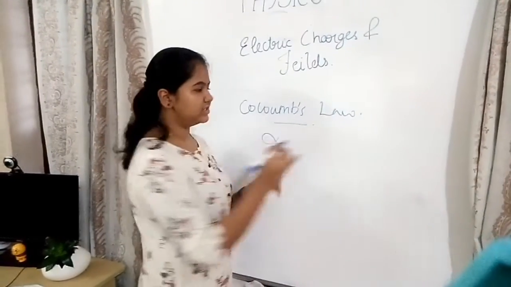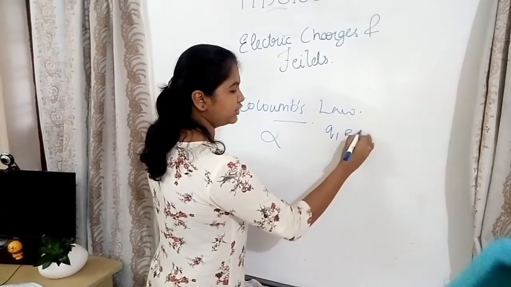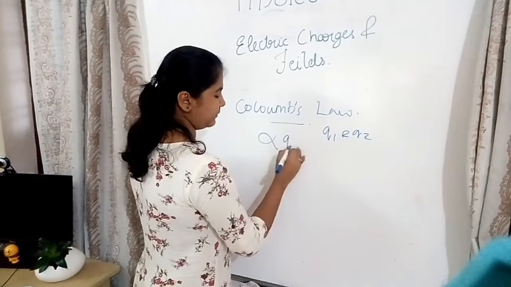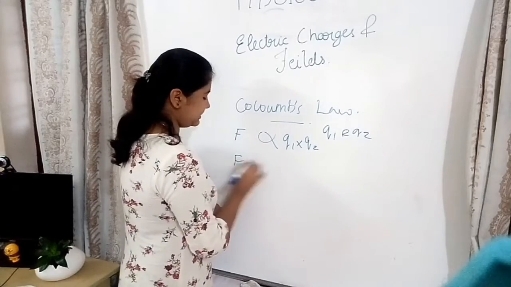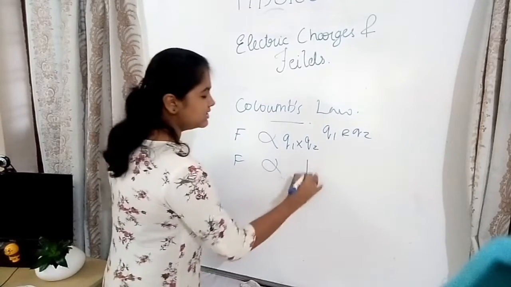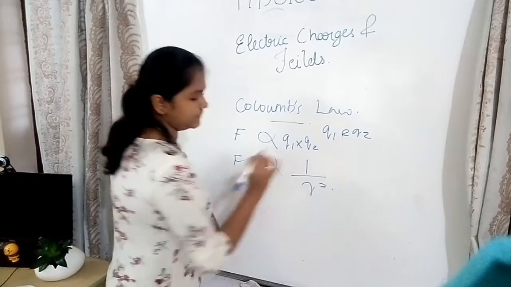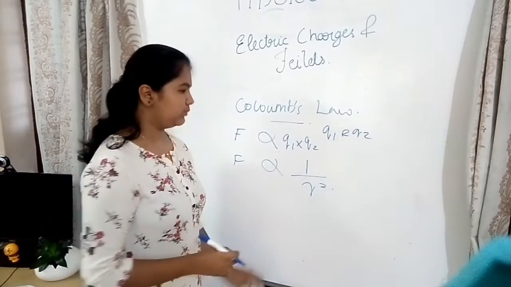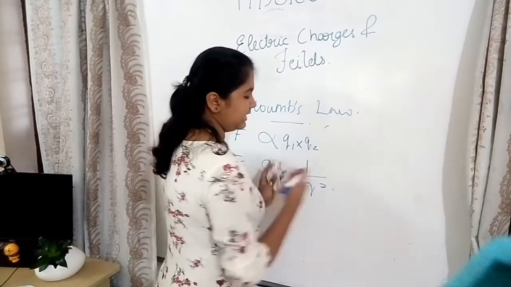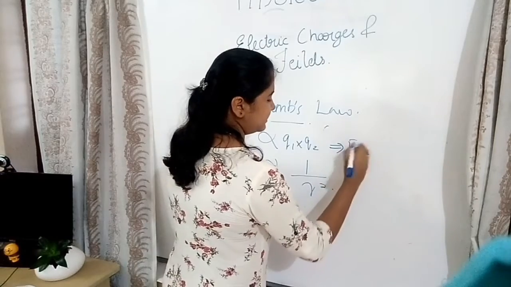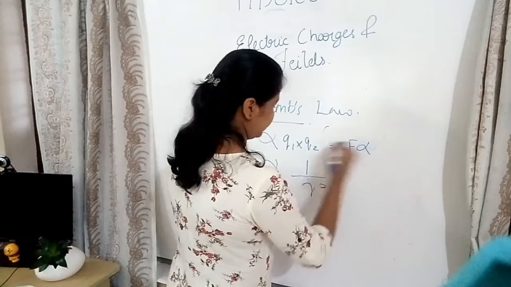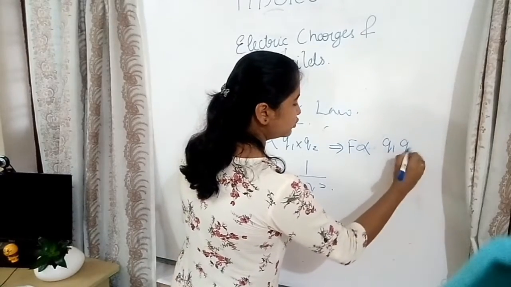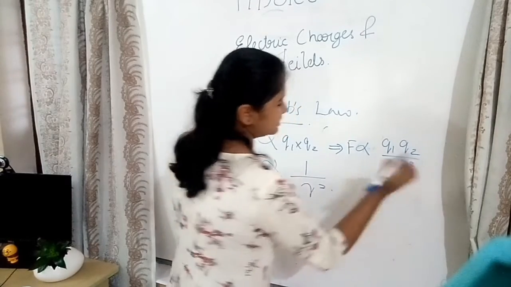If you take the charges to be Q1 and Q2, it's directly proportional to Q1 into Q2, and F is inversely proportional to the square of the distance between them. So what do we infer from this? F is proportional to Q1 Q2 by R square.